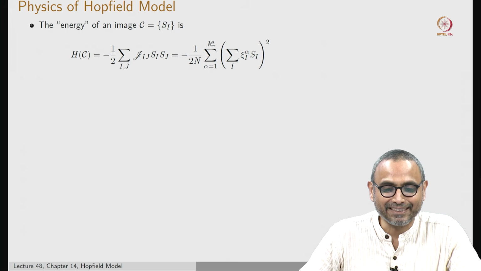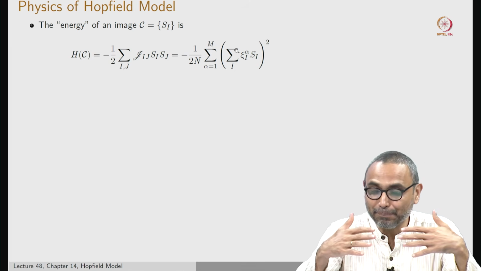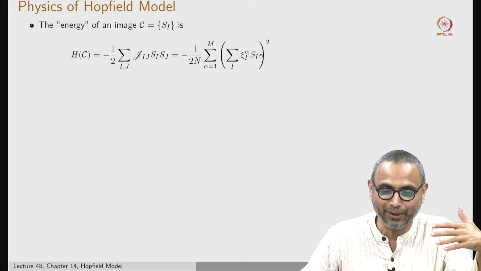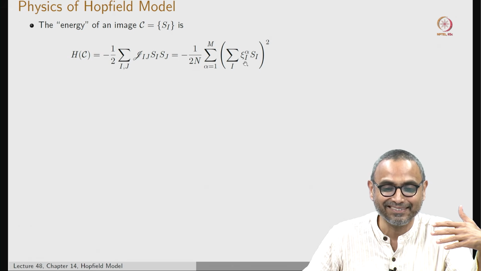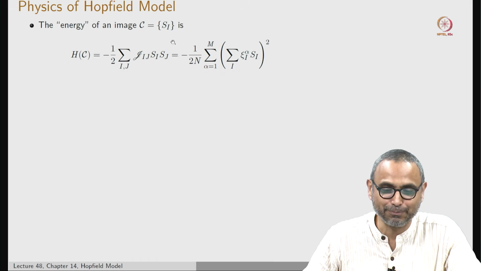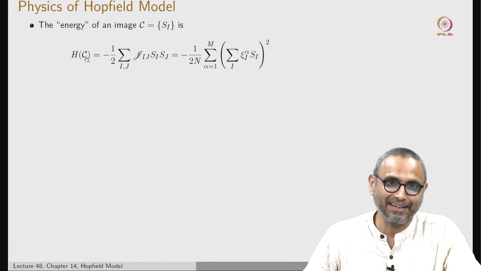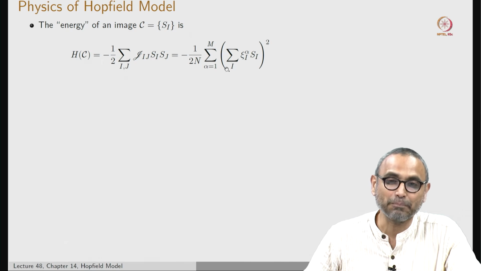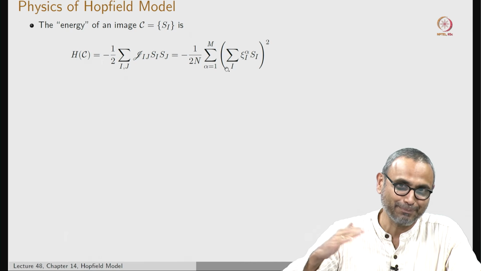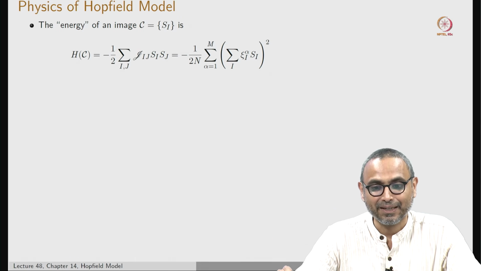You look at the sum over patterns, and what is this quantity? This quantity can be thought of as some kind of inner product between the image that you have and the pattern that is remembered. So the energy associated with an image is the sum of squares of the projections of that image on the patterns that you have.